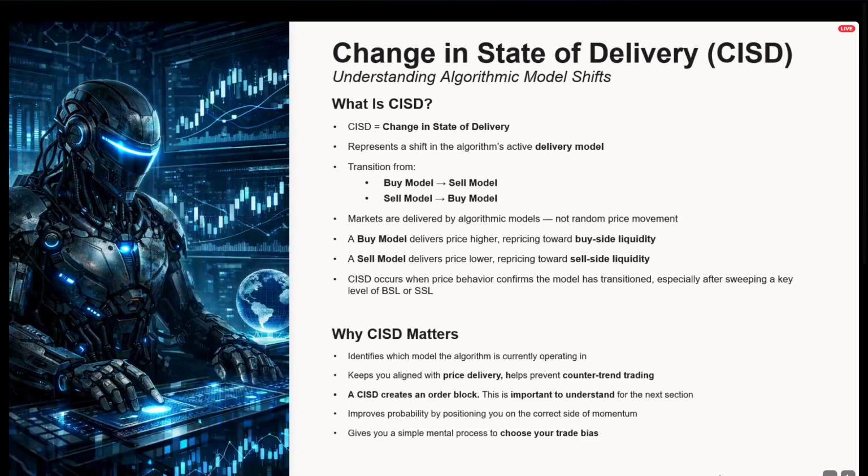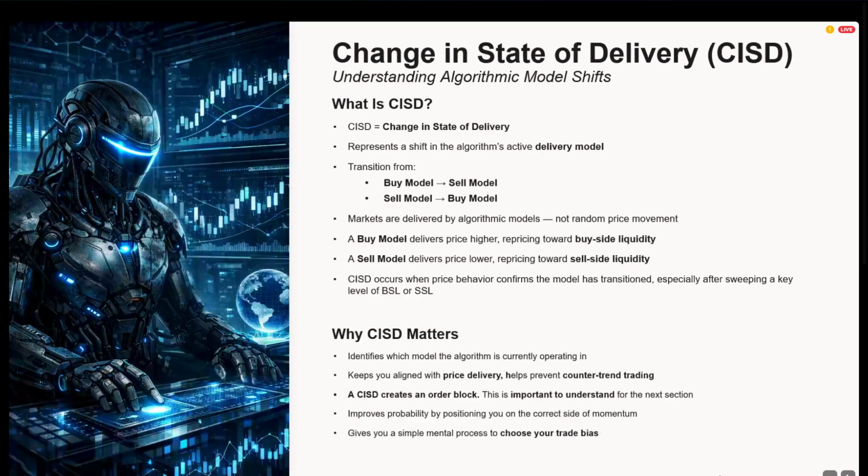So that is very important to remember: you don't want to just mash together where these candles are closing without context. It's important to remember always in trading what your context is. This matters because it tells you what model the market is currently operating in. That will help you decide what your bias is.